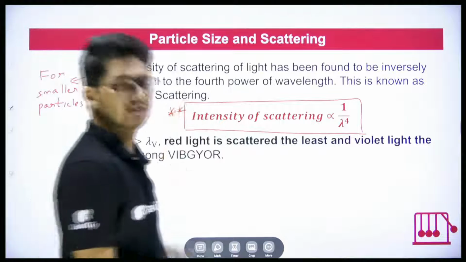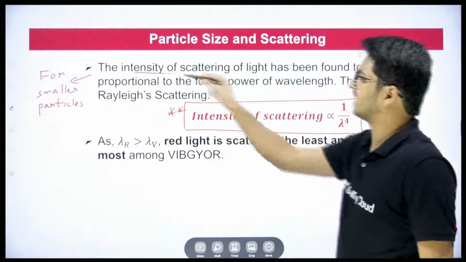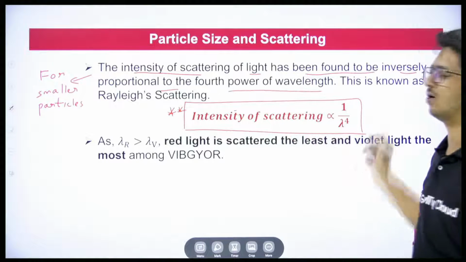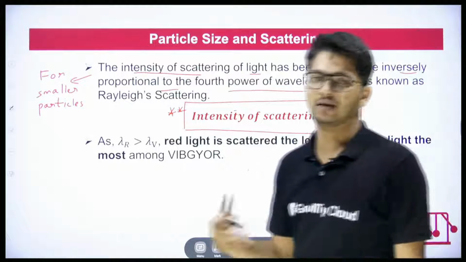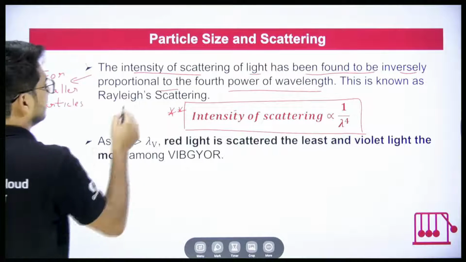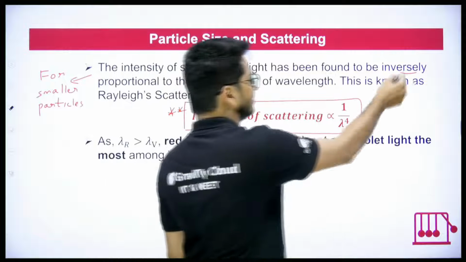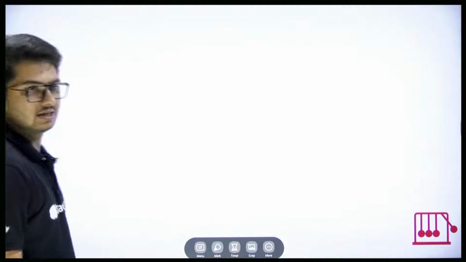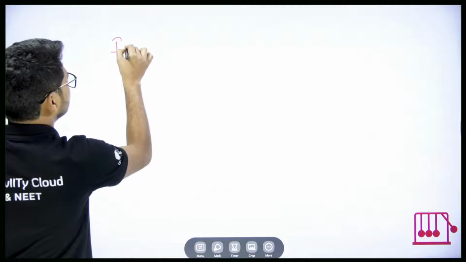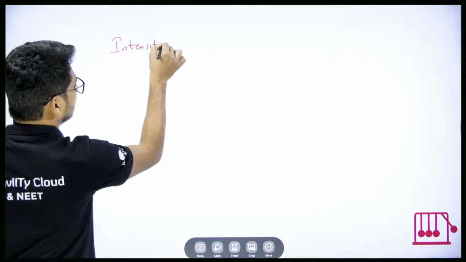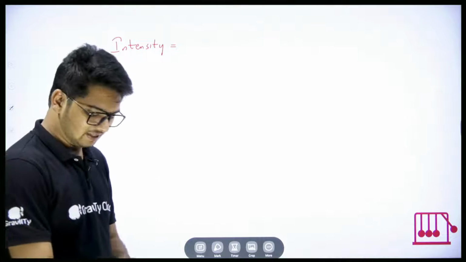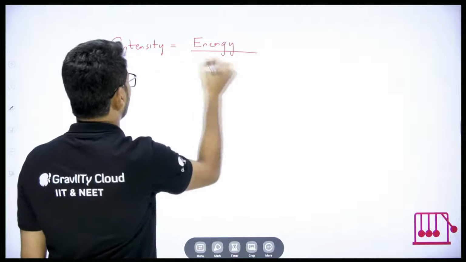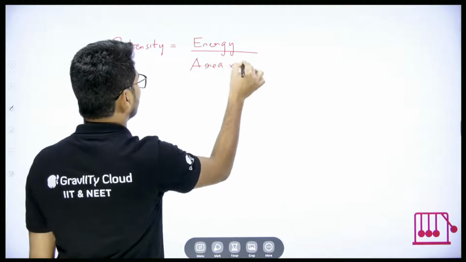And the same point is mentioned here. The intensity of scattering of light has been found to be inversely proportional to the 4th power of wavelength, and this is known as Rayleigh scattering. Now some of you might be thinking, sir, what is intensity? The scientific definition is energy per unit area per unit time.